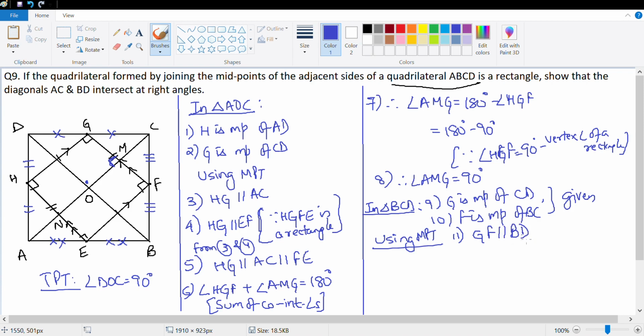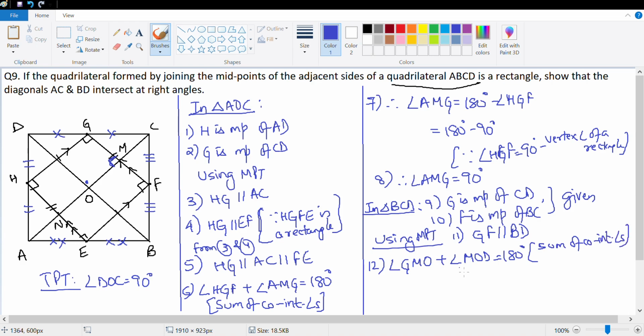And if these lines are parallel, which means number 12, angle GMO plus angle MOD is equal to 180 degrees. Again, the same reason, which is the sum of co-interior angles.